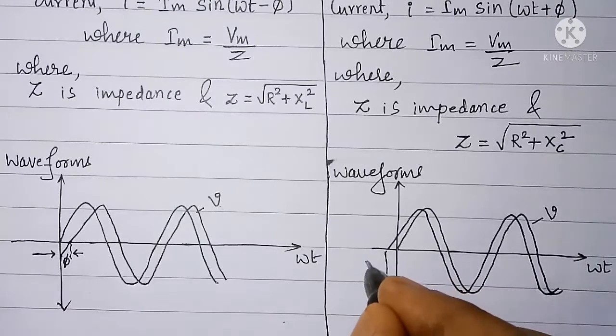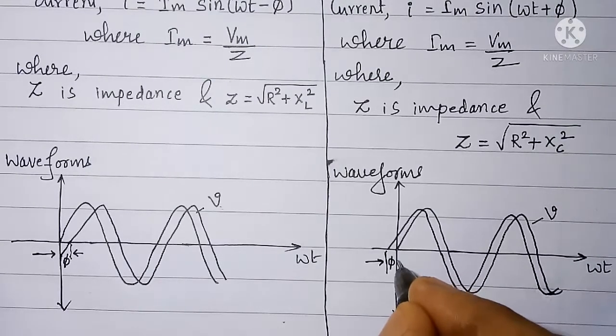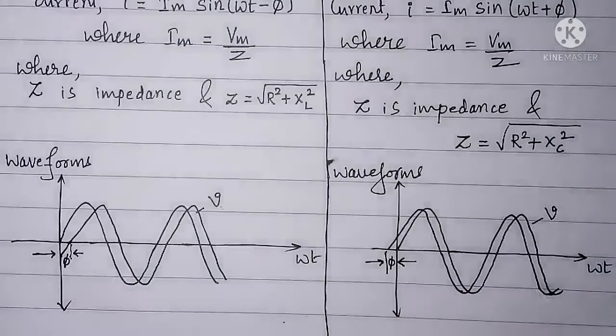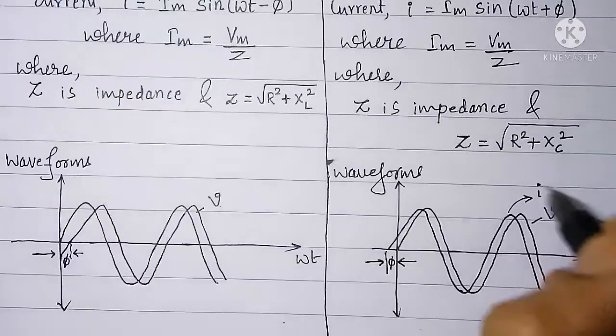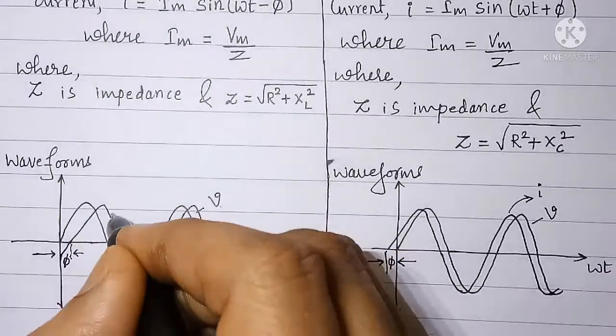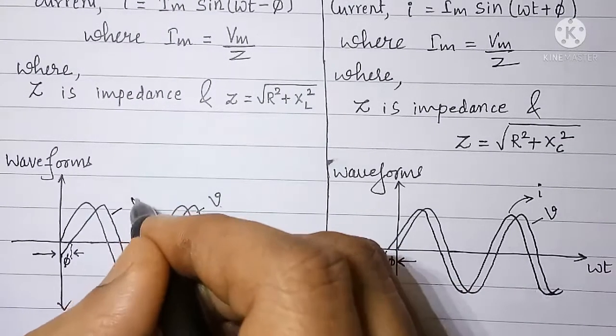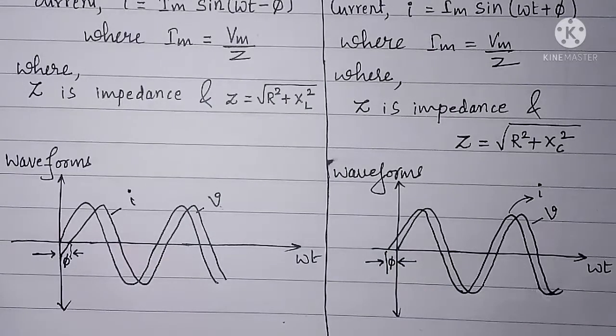So here we can show current leading supply voltage by phi. Now this waveform is for instantaneous current I, and here also this waveform is for instantaneous current I.